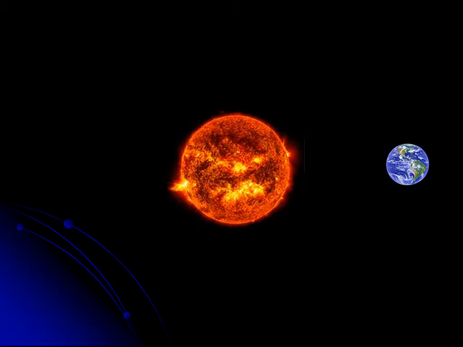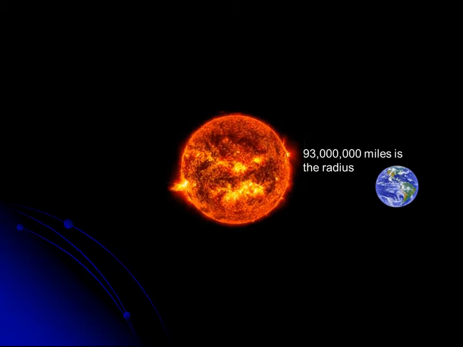What is this, Erin? This is the distance the Earth travels around the sun. Explain what that is. 93 million miles is the radius.